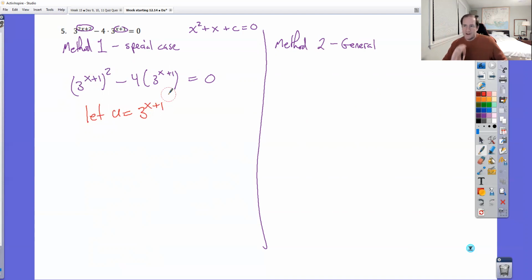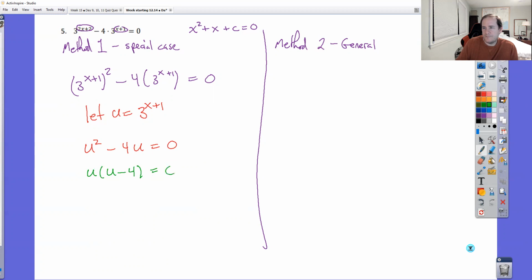I can incorporate the x plus 1 as my whole power, and that'll be u. That'll turn this into a u that is squared minus 4 u's, and it equals 0, which means I don't have a heck of a lot more to do. I don't need quadratic formula or anything. I just factor out the u, and I get u minus 4 and u, telling me that u equals 0 is a solution, and u equals 4 is also a solution.